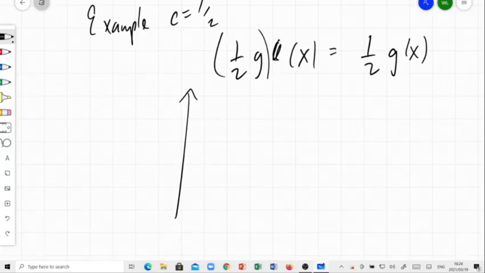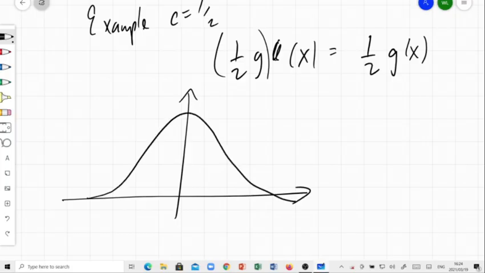Let's say our g was this type of function. Okay, let's say this is our g of x. Then for a half g of x, all we're going to do is halve all the heights, and then I'll get a shorter one.